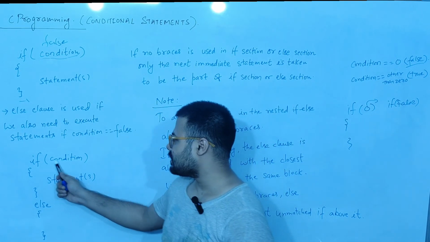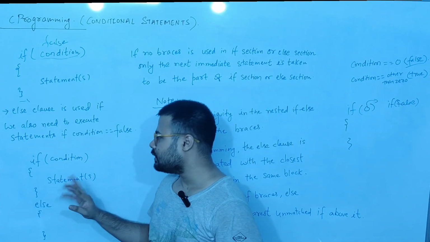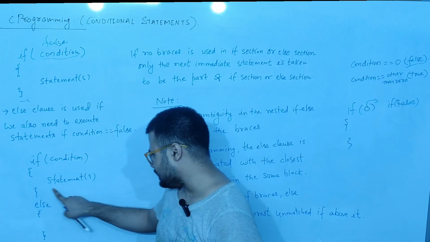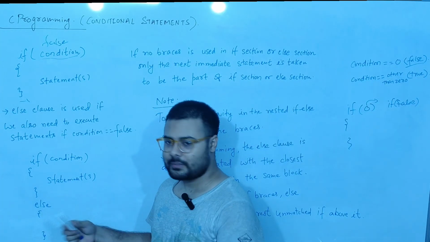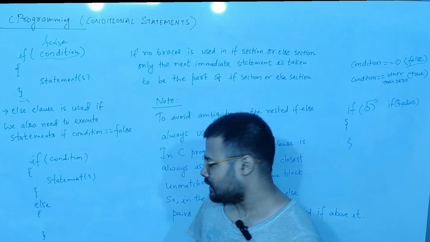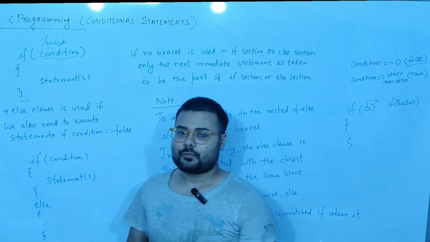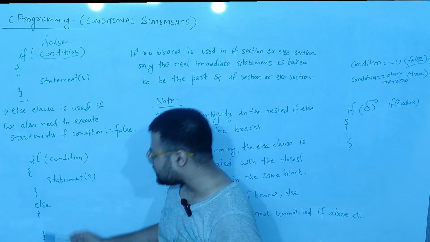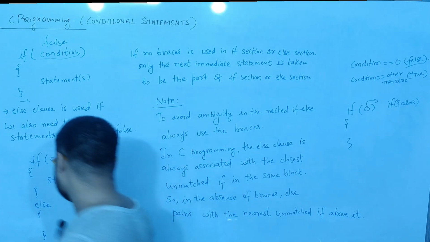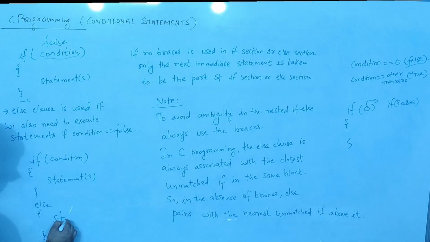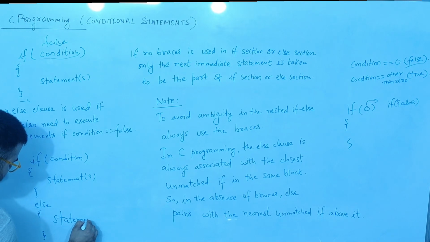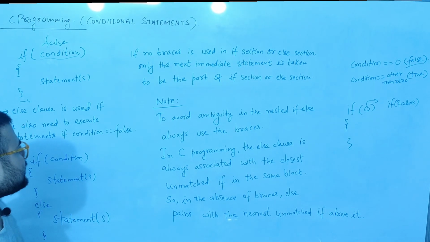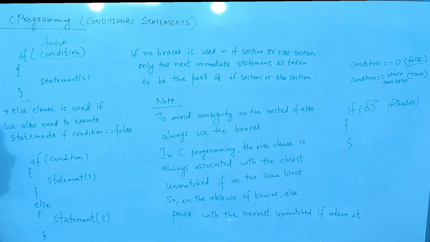So in your if condition, you check for the two numbers to be even. If it turns out to be true, you perform x equals y plus z, something like that. But if this condition becomes false, meaning any one of the numbers is not even, then in the else statement, write the code to multiply the two numbers. So this was about if, and this was about if else.